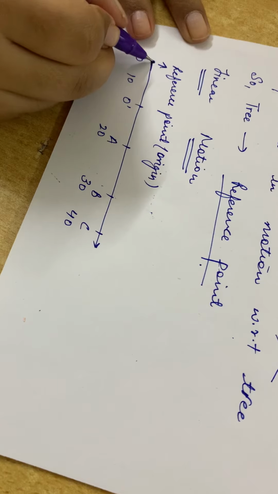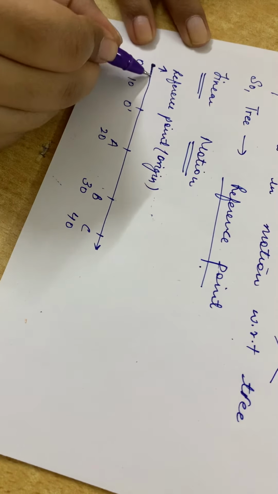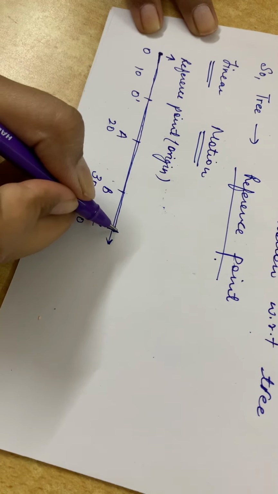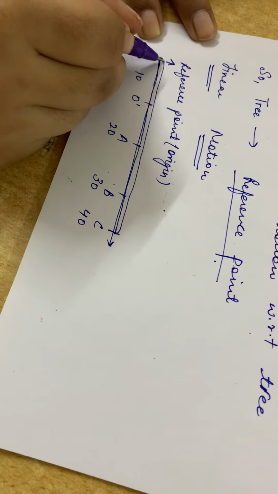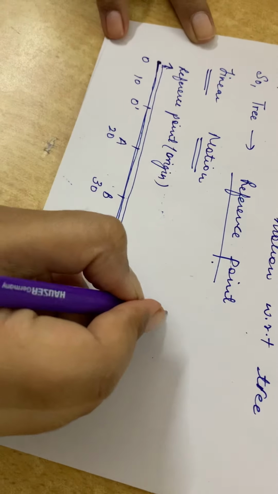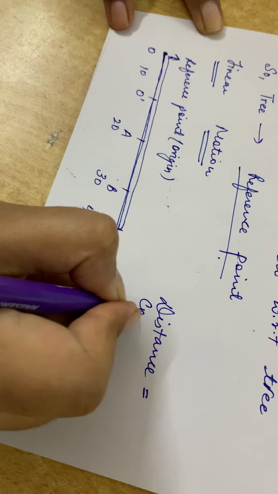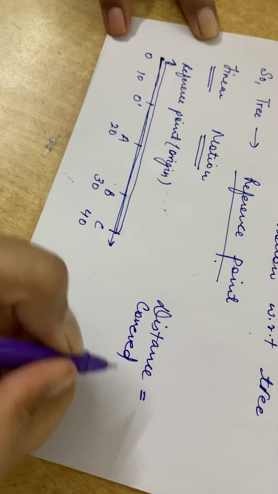Suppose the object is moving from position O to position C and then again from position C to position O. So how much distance has he covered?